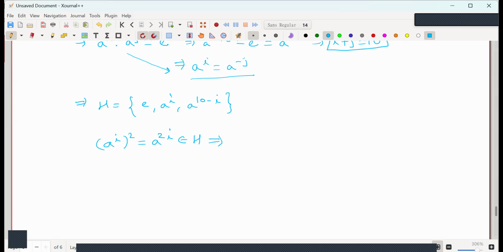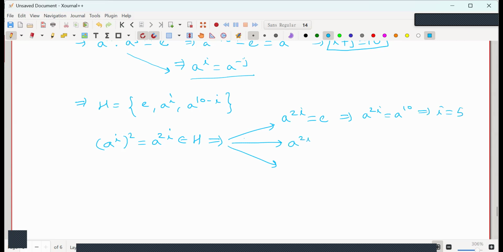This 2i should be either 10 first of all, or let's consider three possibilities. a^2i is identity, which implies a^2i can be a^10. It should be some modulo 10, but as i is considered to be less than 10, the only possibility is a^10, right? So i is 5.